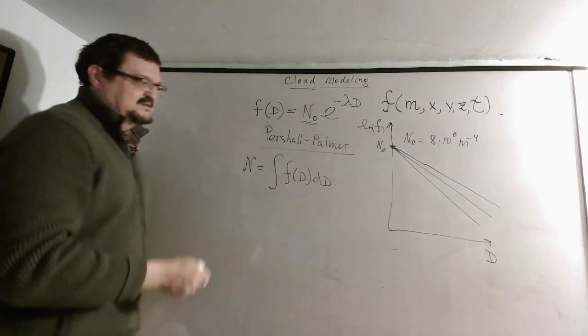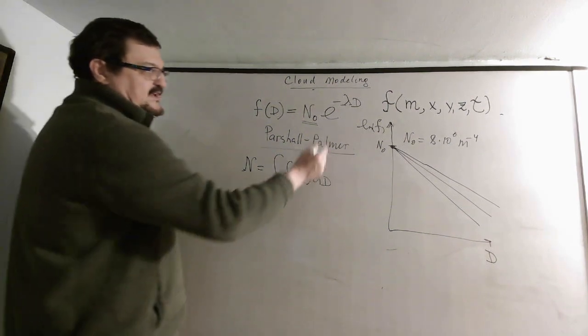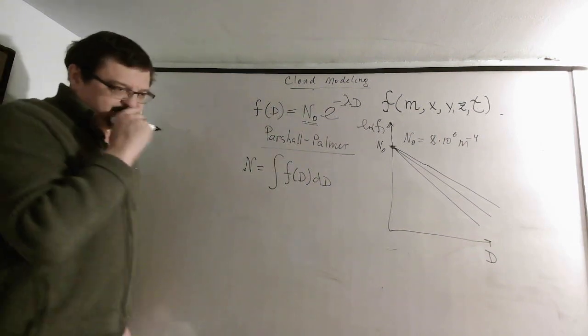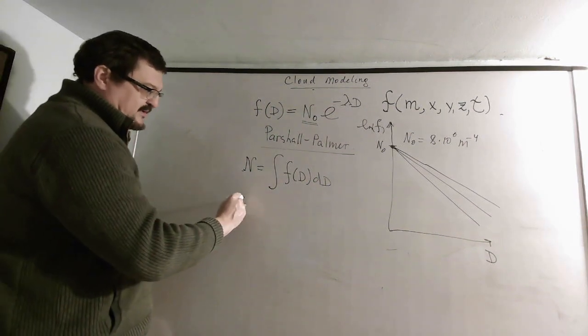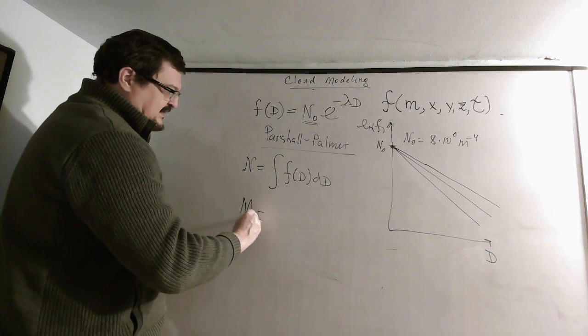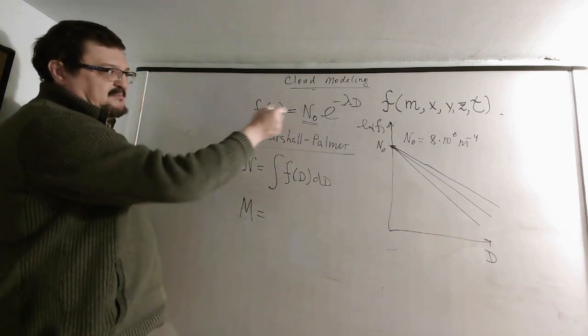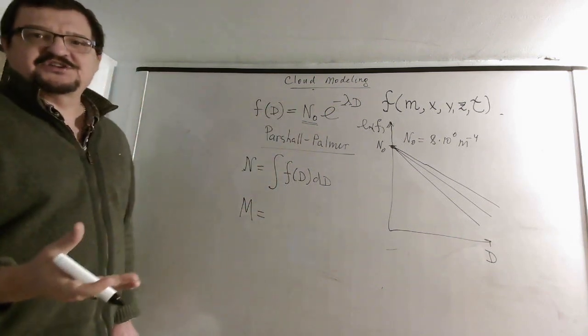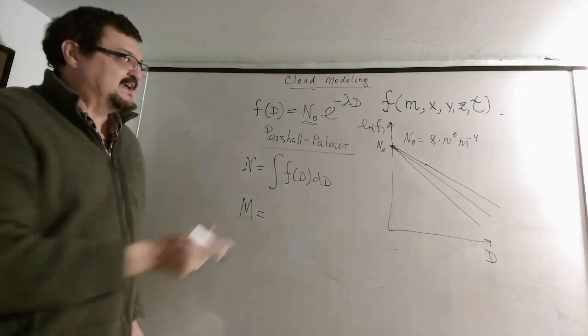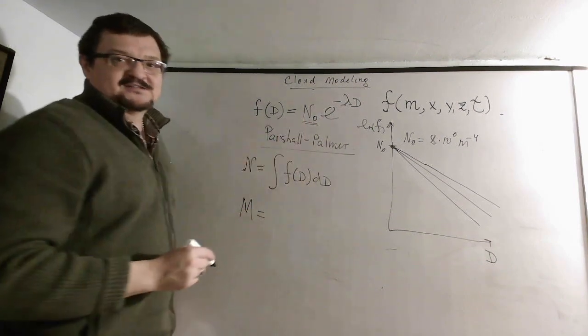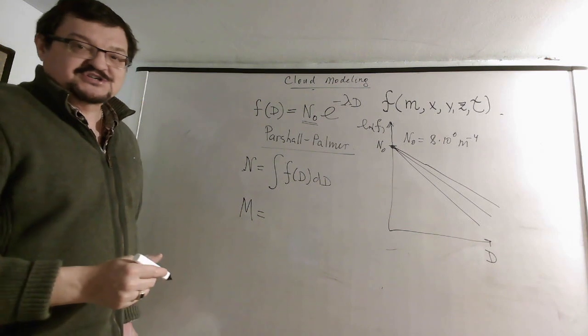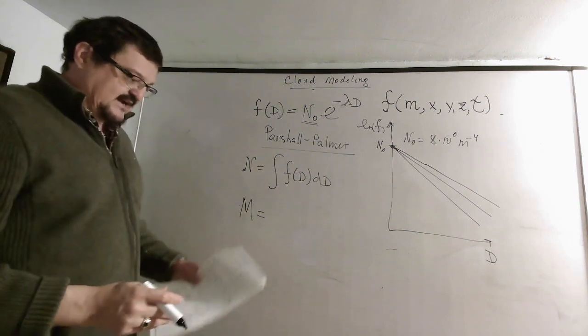I'm not going to write it, but you can get it as a function of lambda and n naught. Now you have the first moment. You predict the first moment only using this Marshall-Palmer distribution. You don't need concentration anymore, because you can compute it, because you already prescribed your n naught. So you know concentration, in fact, from mass.